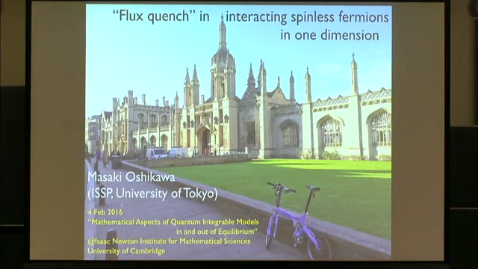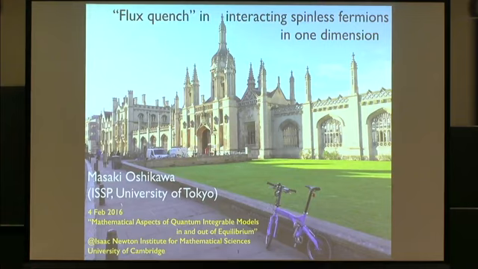So today I'd like to talk about one particular problem of quantum quench in an integrable system, but I'm going to report mostly numerical results. I hope that we could understand the results better using the integrability, but so far we don't have much mathematical insight, so the mathematical aspect is largely lacking.